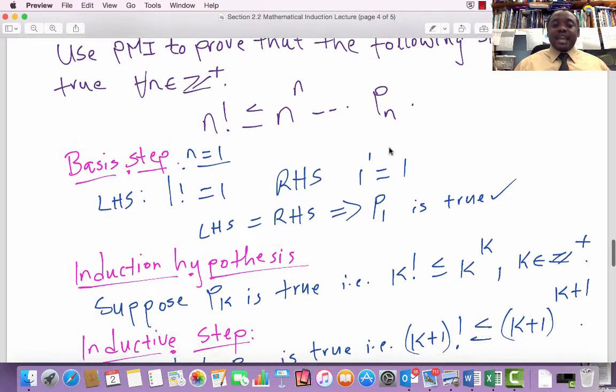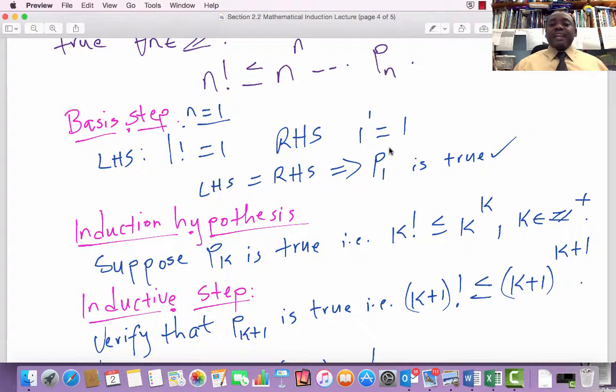Basis step. We verify that the statement Pn is true for n equals 1. Left hand side, 1 factorial is simply 1. Right hand side, 1 raised to the power 1 is 1. The left hand side equals the right hand side, therefore we conclude that P1 is true.